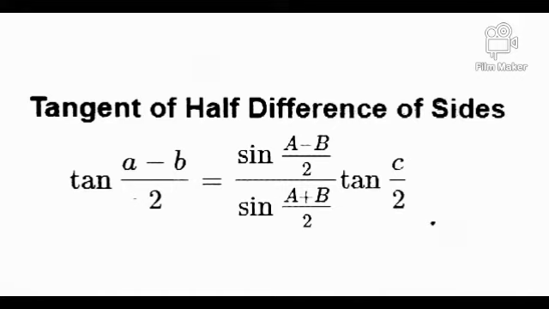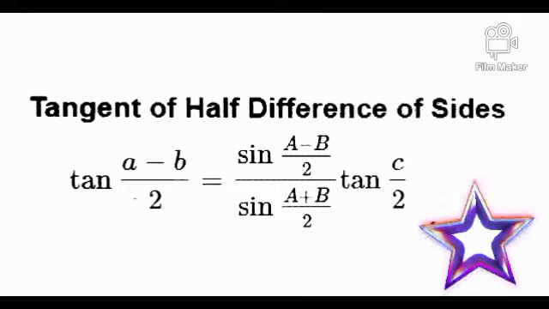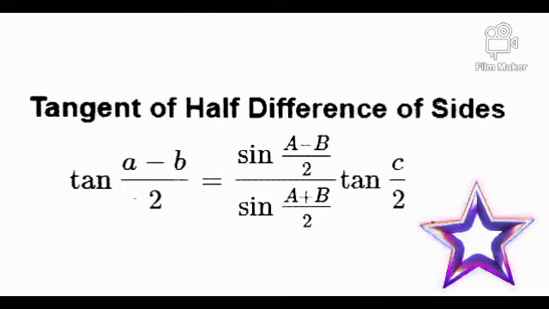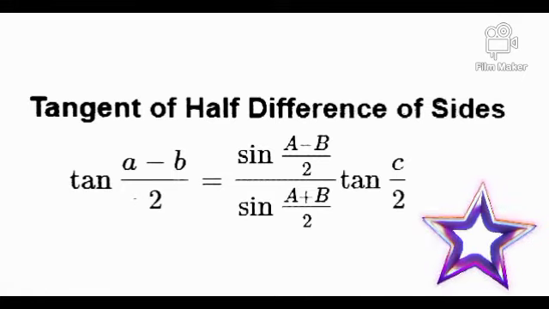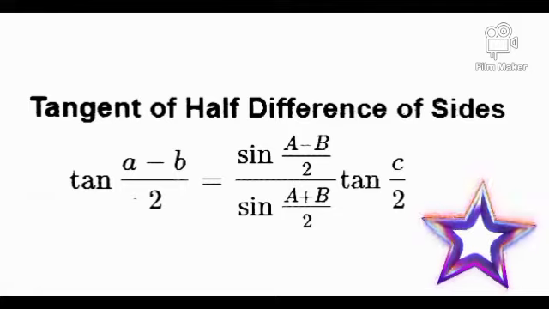Now if you are considering the sides small a and small b, the tangent of half their difference, tangent of (a minus b) over 2, by Napier's analogies is equal to the ratio of the sine of (A minus B) over 2, sine of half the difference of the angles opposite the sides small a and small b, and sine of half the sum of the angles opposite sides small a and small b, multiplied by tangent of half the third side.